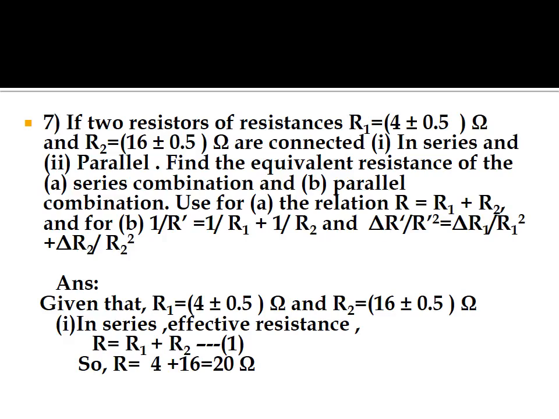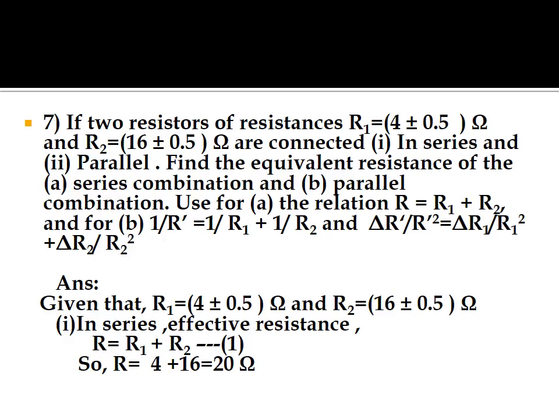Solution is, given that R1 is equal to 4 plus or minus 0.5 ohm and R2 is equal to 16 plus or minus 0.5 ohm. First one is series combination. The effective resistance in series combination R is equal to R1 plus R2, which is equation number 1.